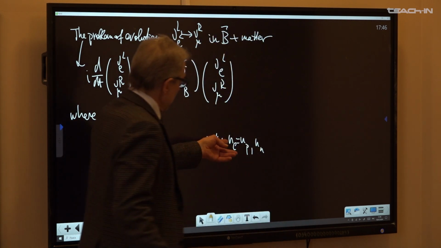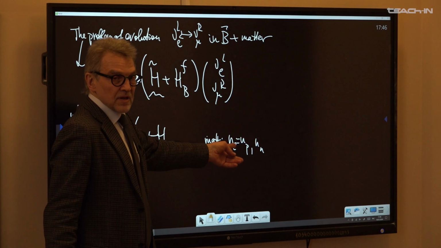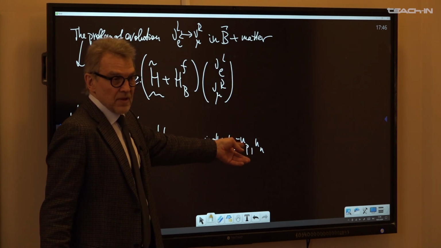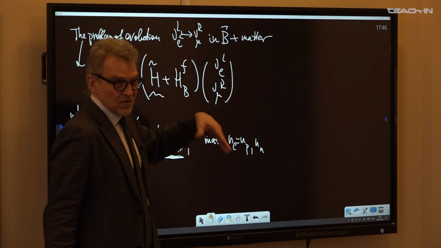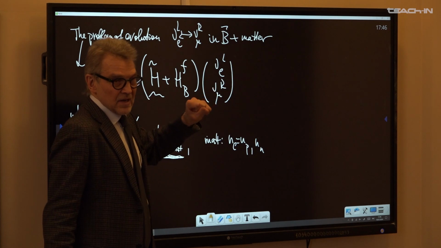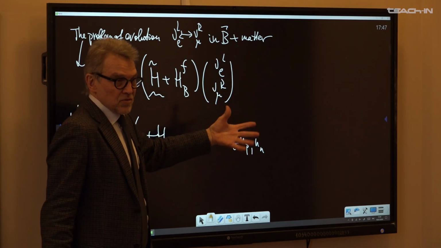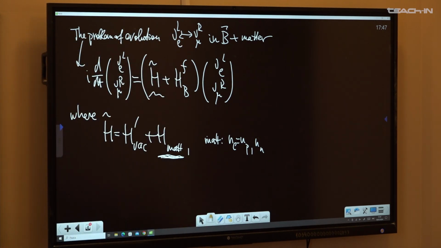So this is the electron number density, this is the proton number density, and this is the neutron number density. Also, we suppose that there are no electric currents, so in general matter should be electrically neutral, so the number of electrons per cubic centimeter should be more or less equal to the number of protons. A normal stable matter without currents.